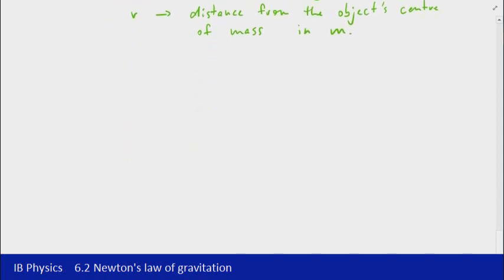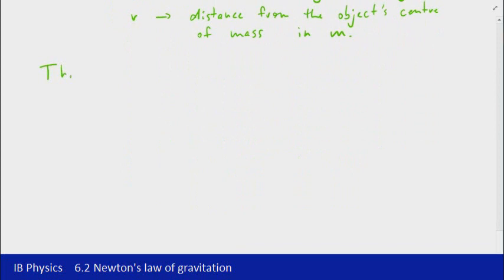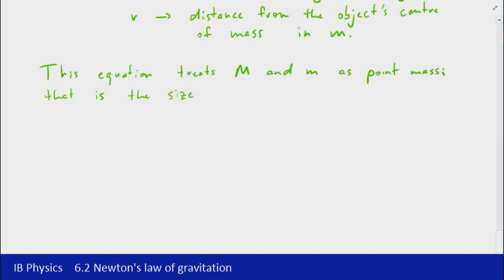So just one more note to make about this equation. If you think about those two quantities, we're really treating both masses, capital M and lowercase m for that matter, as point masses. Now what we mean by a point mass, there are a few different ways that you can think about it. The way that I'm going to explain it is that the size of the mass doesn't matter, and by size, I mean the radius or the volume.